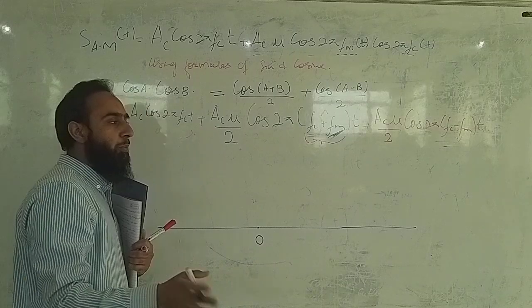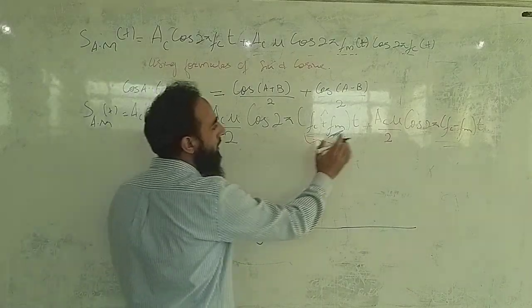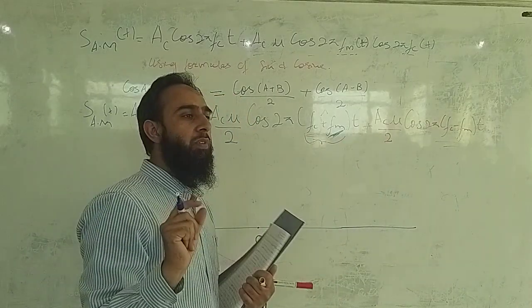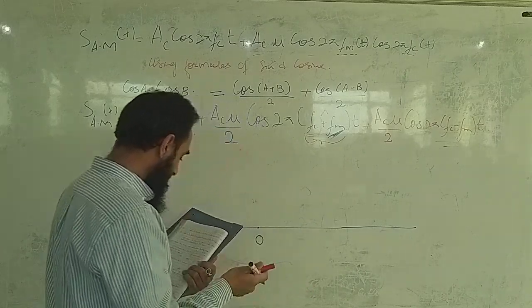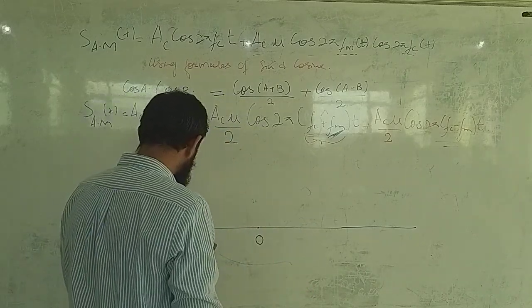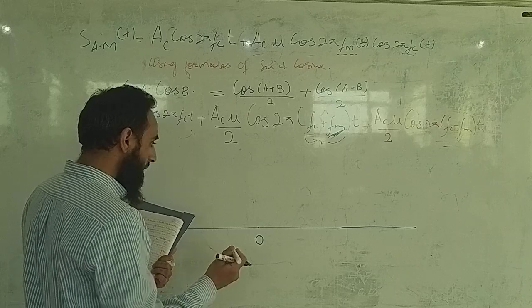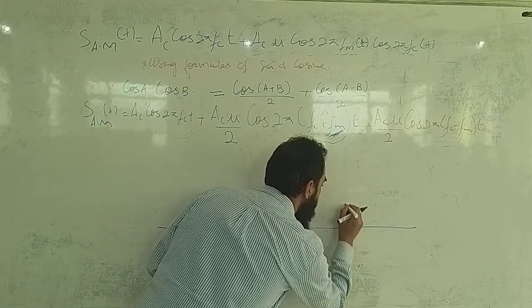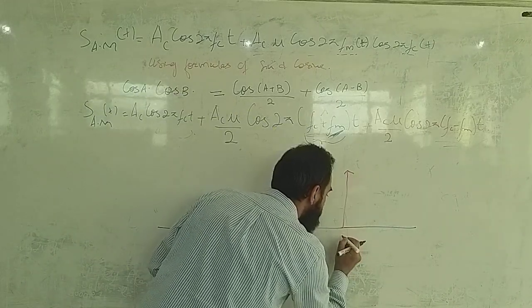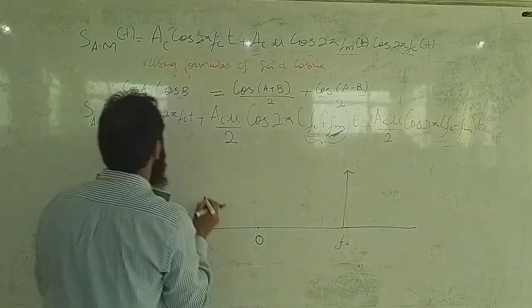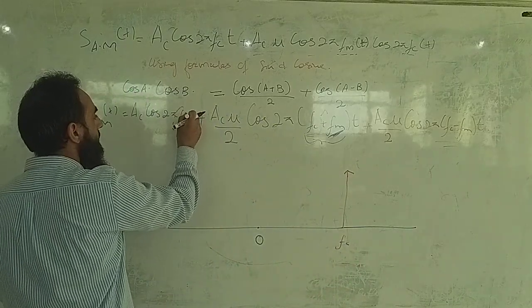For now it is better not to write, just watch. We have three components. So this tells me that we will have three parts of the spectrum. The first one is present at a frequency Fc, and that is this component.